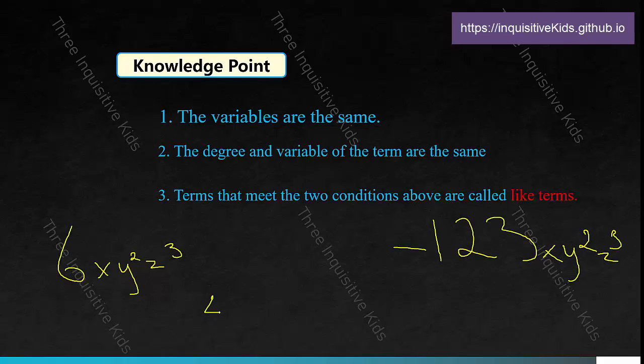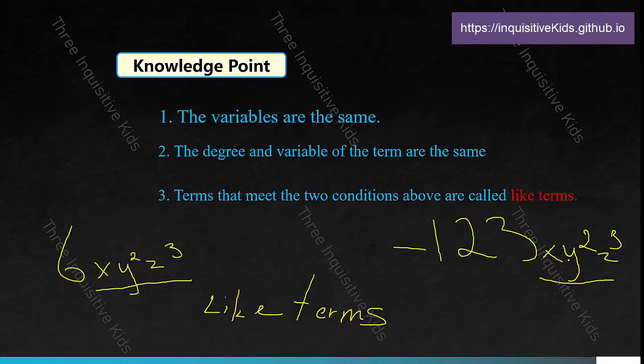These are considered like terms because their variable parts are the same. They both have x, y squared, and z cubed. This is what we call like terms. The variable parts are exactly the same.